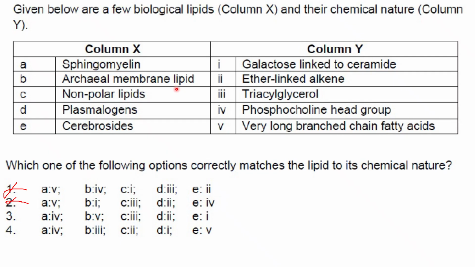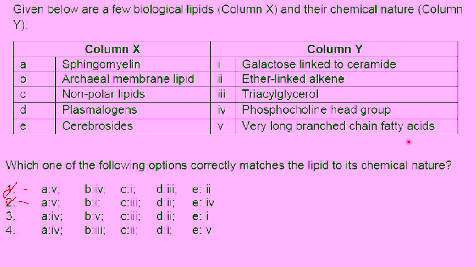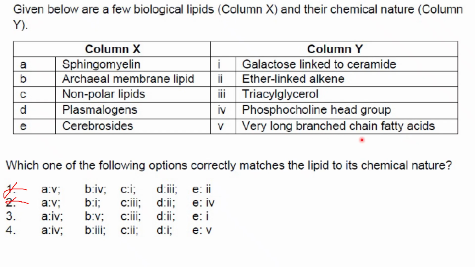Then the archaeal membrane has ether linkage, or I can say they have very long branched chain fatty acids. Yes, they are isoprenoid chains, so they are very long branched chain fatty acids. So B will be 5, that makes option 3 the answer.